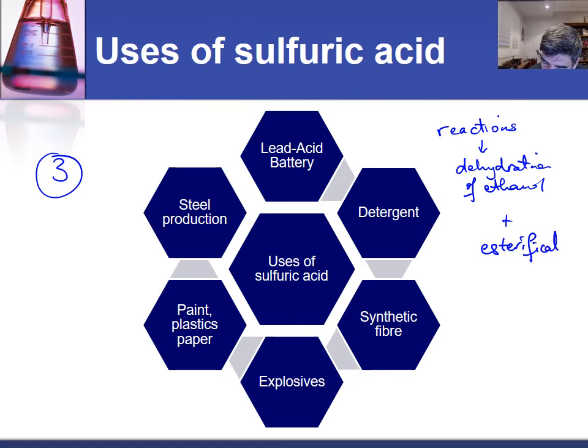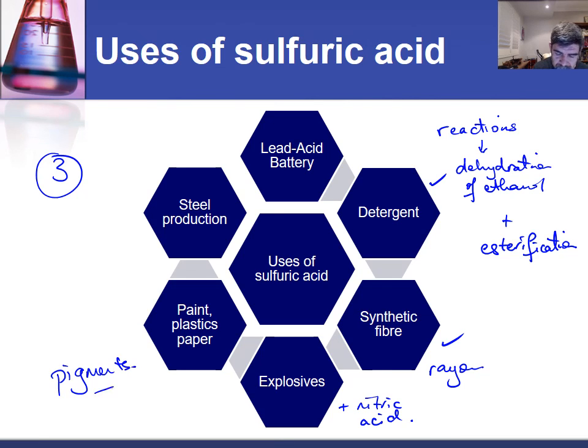But there's a few others as well, and both your textbook and any sites that you find online will draw you straight to these sorts of things. Because sulfuric acid is used in the production of detergents or synthetic fibers, rayon, for example. It's also used to produce explosives, often associated with things like nitric acid as well, for paints, plastics, paper, and other pigments, and also for steel production.